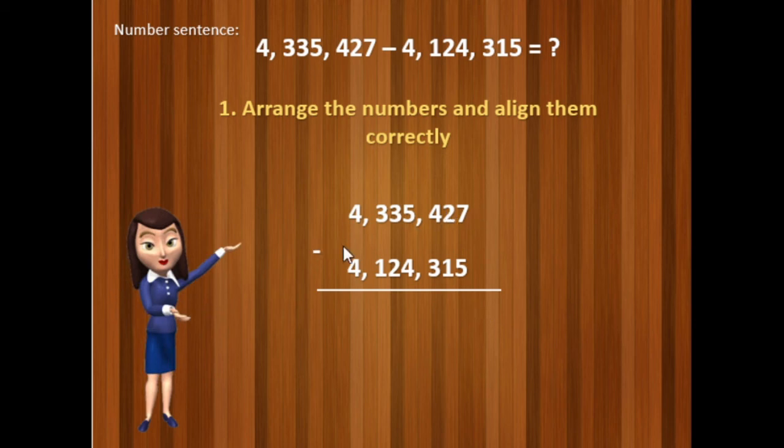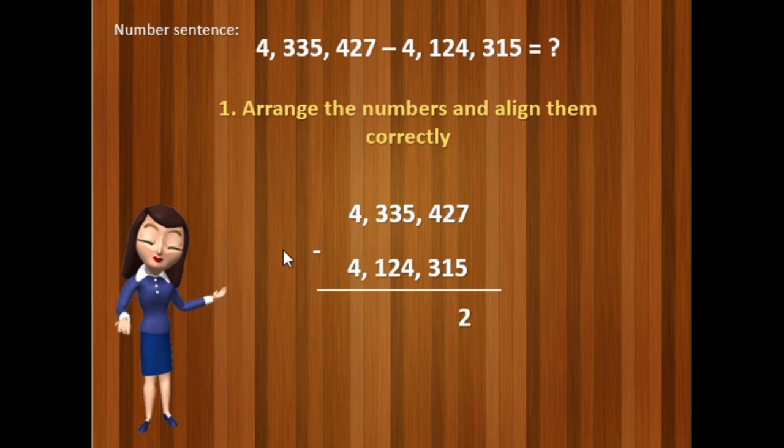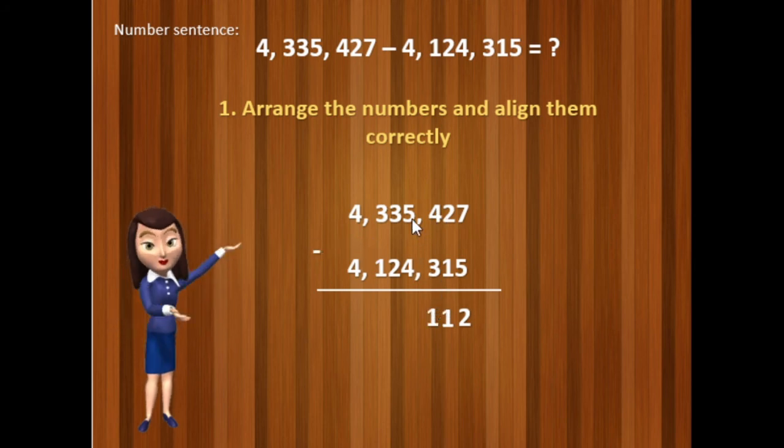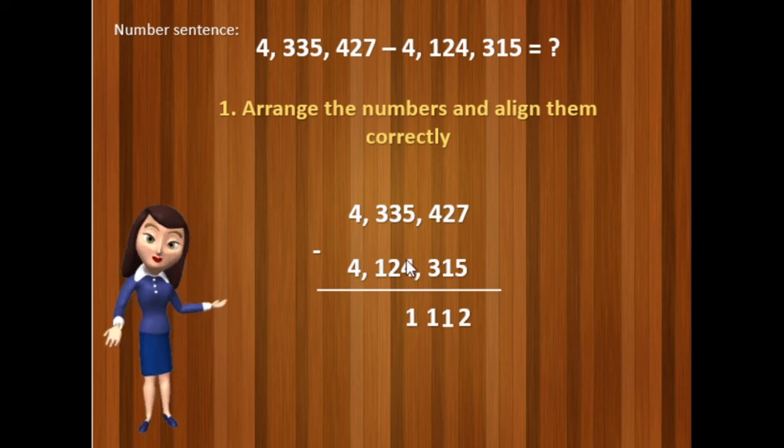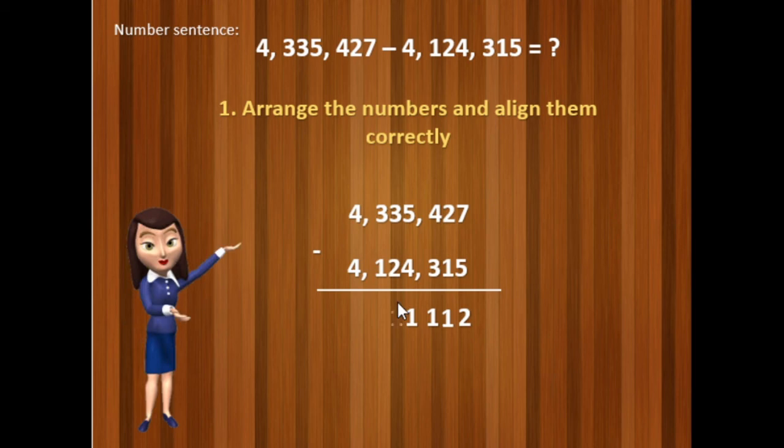7 minus 5 equals 2. 2 minus 1 equals 1. 4 minus 3 equals 1. 5 minus 4 equals 1. 3 minus 2 equals 1. 3 minus 1 equals 2, and 4 minus 4 equals 0.